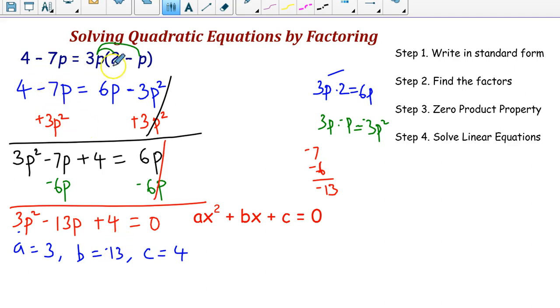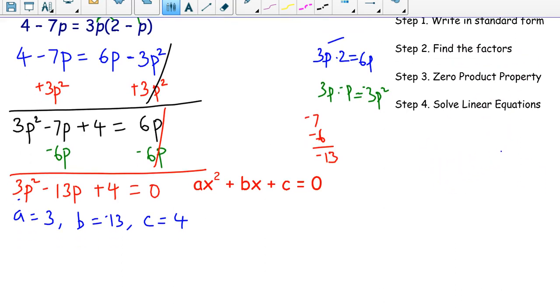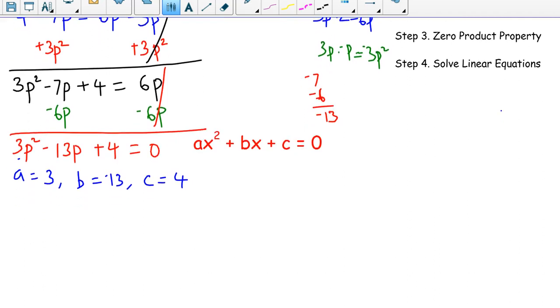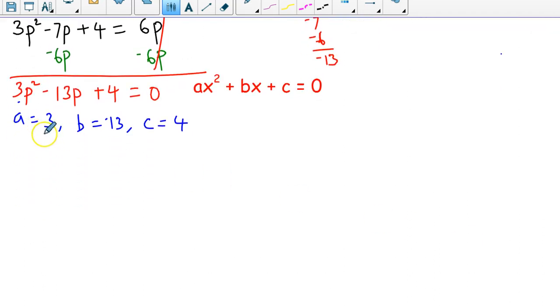So this given equation we transformed into a standard form, and now you have the values of a, b and c. Now following the process of finding the factors, what you do next step, I have to find the product of a and c. So what is a times c? That is 3 times 4 gives you 12.